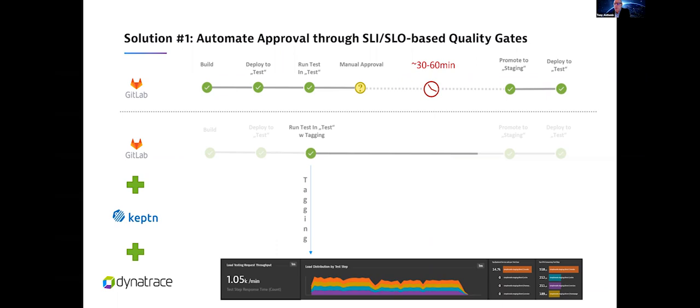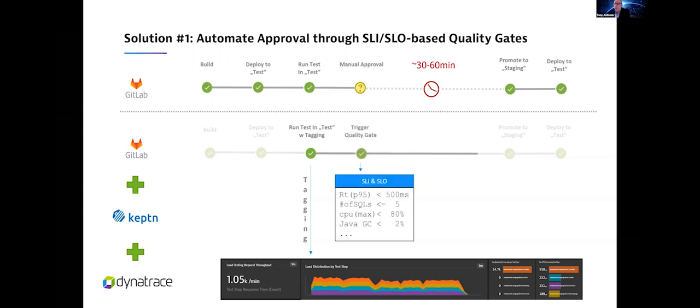You can also decide within the pipeline to have Keptn initiate your load test, at which moment Keptn will tell Dynatrace that there are some specific test step names which need to be used as a tag within Dynatrace, so that you can easily see these test step names and all the performance metrics around them. It's a kind of logical name passing from Keptn to the Dynatrace side to make sense of the results.